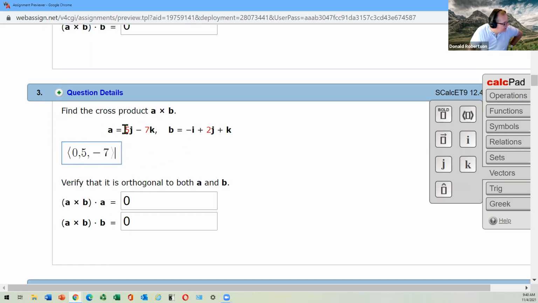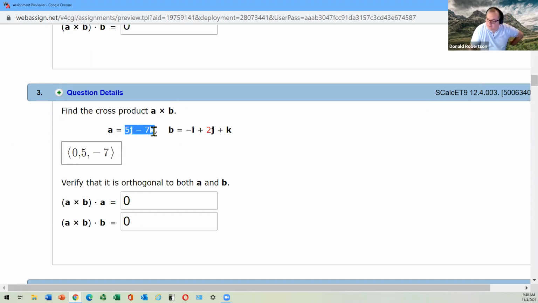Would you agree that's it? Right, and won't this one just be -1, 2, 1? I like these brackets because it gives me a row of digits. The minute you put I, J's and K's in it, especially if one of them's missing, couldn't you put the 5 and the 7 in the wrong place if you're not careful?